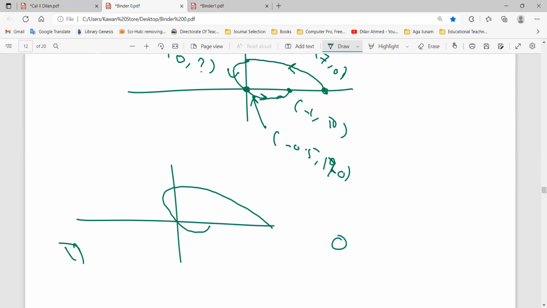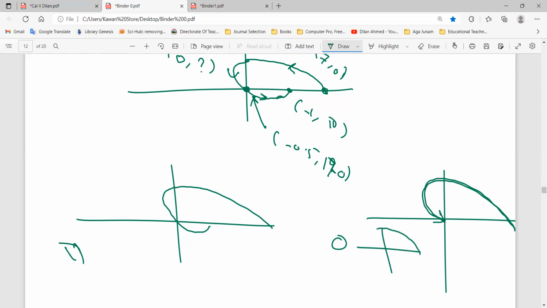Look. How about the first one, the cardioid? It was like that. Am I right? How about the dimple? It was like that. But how about the inner loop? No, it's like that.